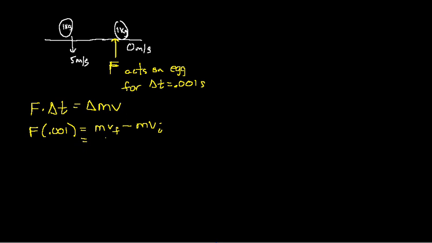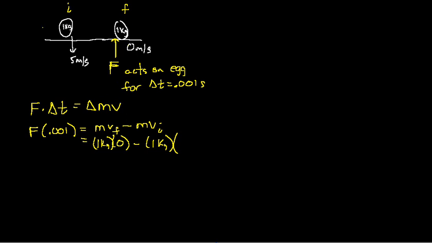The mass is 1 kilogram, so it's 1 kilogram times a final velocity of 0, minus 1 kilogram times the initial velocity. This is the initial position, and this is the final position when it hits the ground.